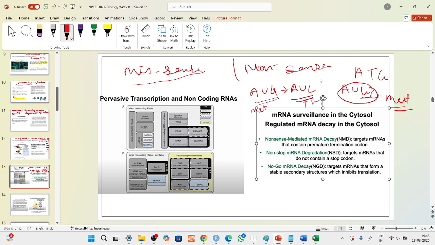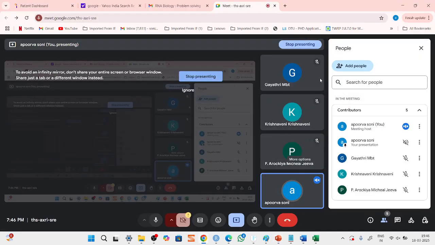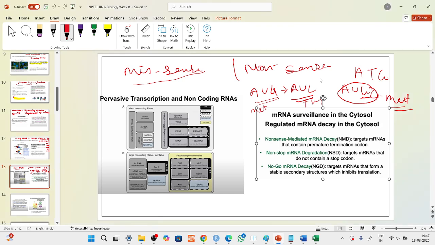It doesn't make the same sense as it originally did. So this is known as a missense mutation. Then I come to nonsense mutation. Nonsense means it doesn't make any sense.